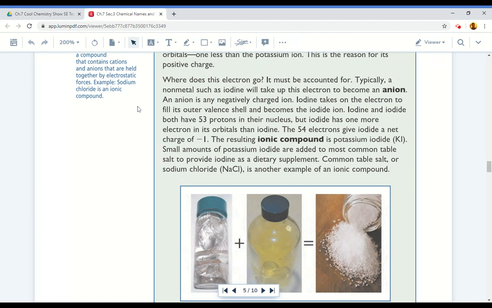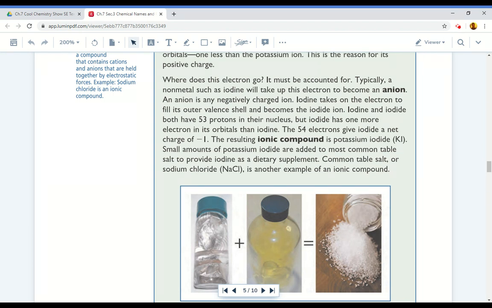Where does this electron go? It must be accounted for. Typically, a nonmetal such as iodine will take up this electron to become an anion. An anion is any negatively charged ion. Iodine takes on the electron to fill its outer valence shell and becomes the iodide ion.